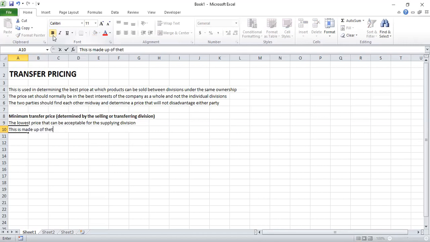Right. Now, this minimum transfer price is made up of the total cost related to fulfilling the transfer plus any lost contribution if external sales are sacrificed.